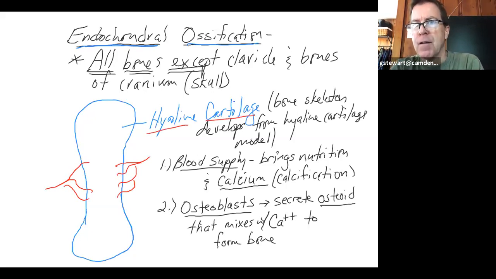We're in development in the mother's uterus. Blood vessels start to invade this area, the diaphysis, the shaft of this little hyaline cartilage cartoon bone. A periosteum develops. I'm just going to use green. We know what a periosteum is now. That starts to develop in this area.